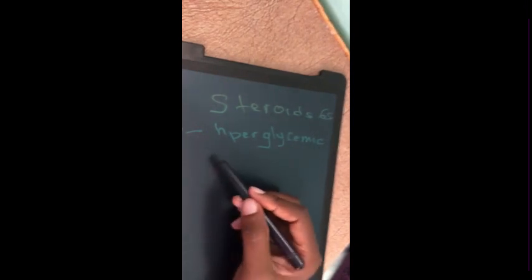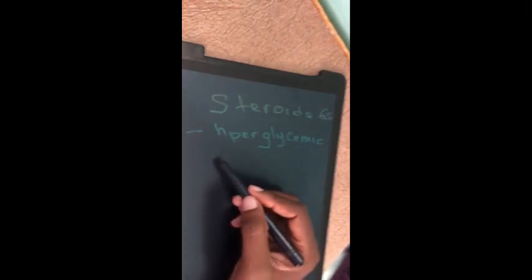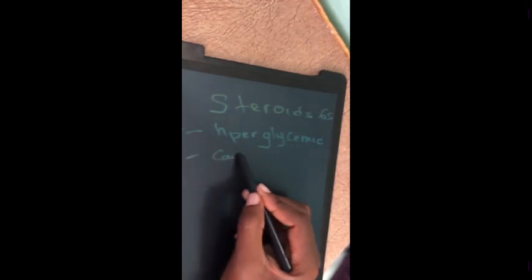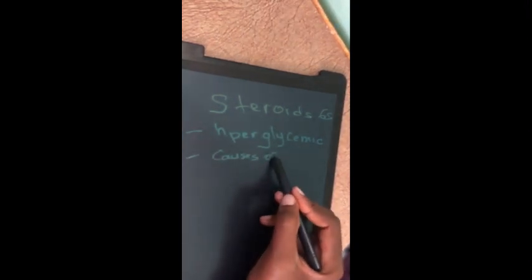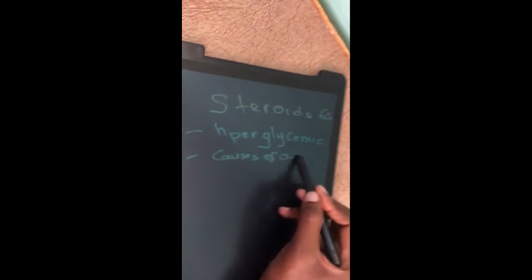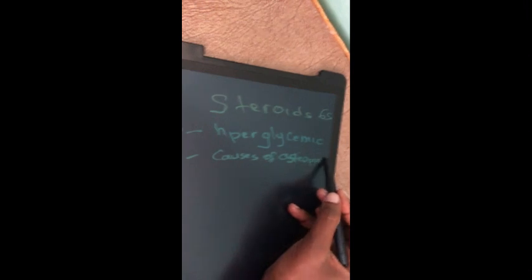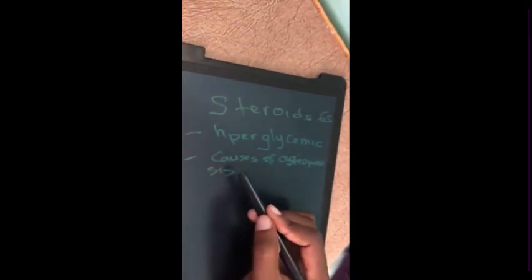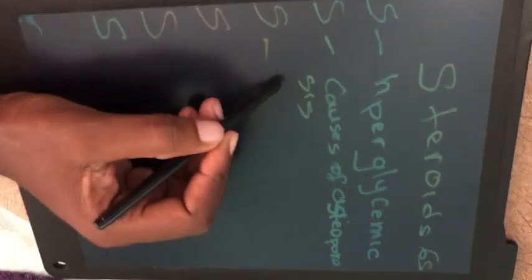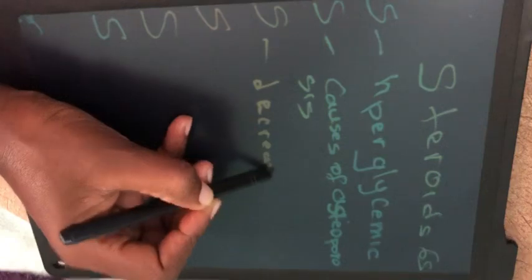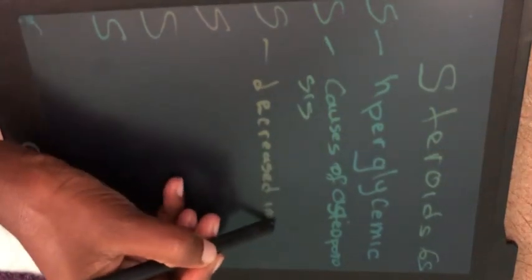Soggy bones, causes of osteoporosis, you treat causes of osteoporosis. Sick means decreased immunity.